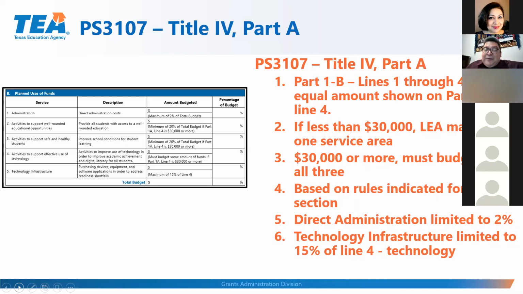So you'll get error messages if line 5 is larger than line 4 or line 5 is more than 15% of line 4. So if you are budgeting your 15% for infrastructure, make sure that percent is also included on line 4 so that it shows complete 100% budgeted.